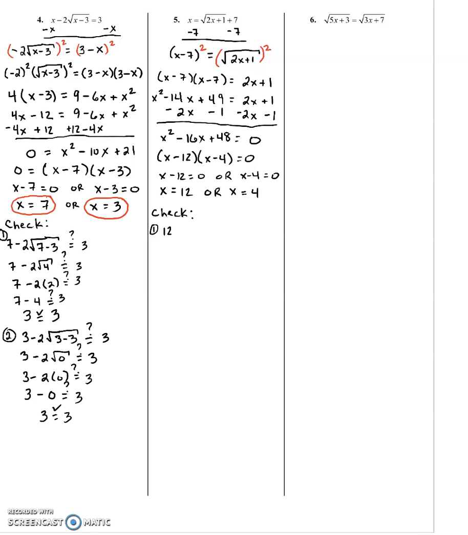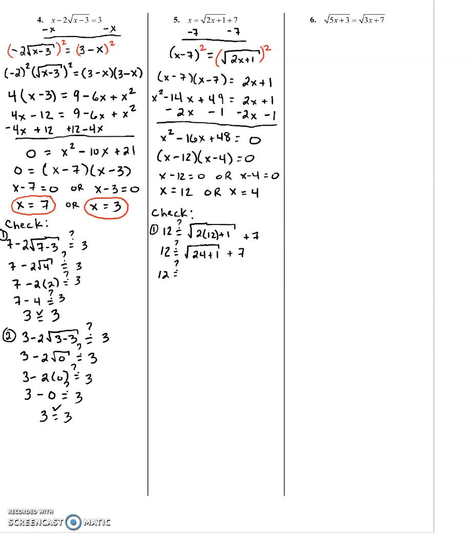So we have 12, and we need to know if that equals the square root of 2 times 12 plus 1, and then plus 7. So 12 equals the square root of 24 plus 1, plus 7.